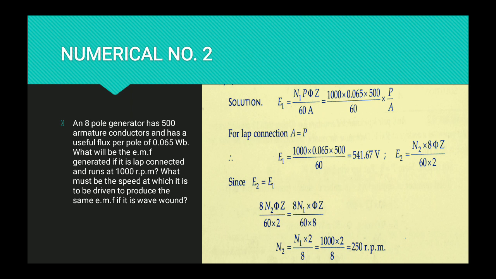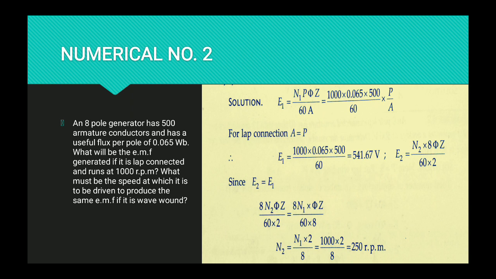What will be the EMF generated if it is lap connected and runs at 1000 rpm? So you have to find out the generated EMF when the generator winding is lap connected, and rpm is 1000 rpm. That means n, or in the first case n1, equals 1000 rpm.